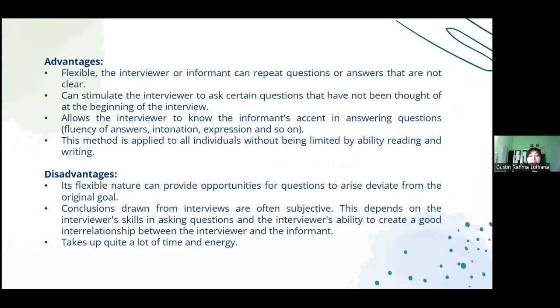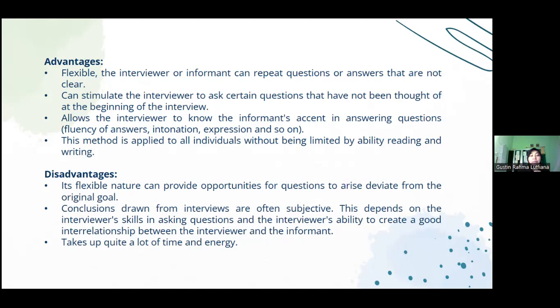And the third is it allows the interviewer to know the informant's accent in answering questions, like fluency of answer, intonation, expression, and so on.